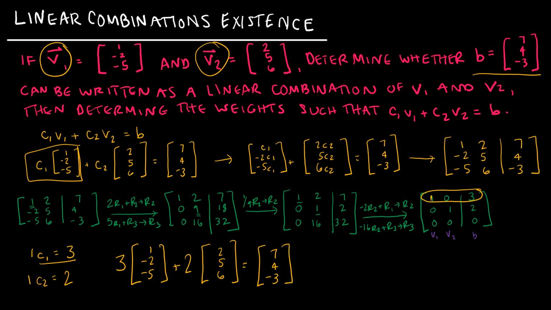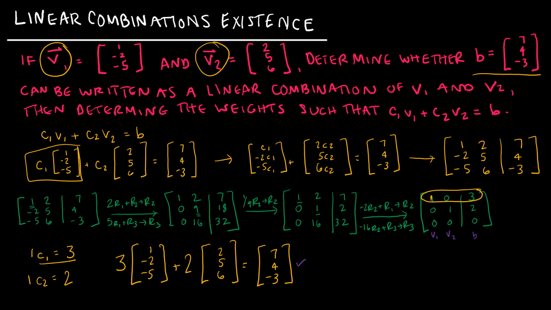And again, you can very quickly do that mental math in your head to do the check. 3 times 1 is 3, 2 times 2 is 4, yes, that equals 7. 3 times negative 2 is negative 6, plus 2 times 5 is 10, negative 6 plus 10 does equal 4. And then 3 times negative 5 is negative 15, plus 2 times 6 is 12, negative 15 plus 12 is negative 3. Check, check, it all works out.